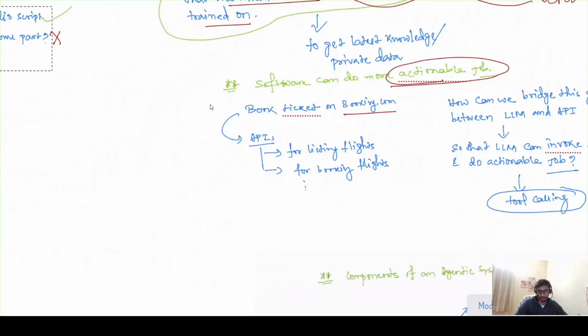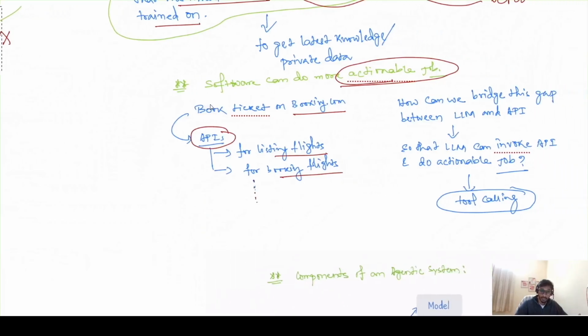How is it able to do it? Because in the backend it is calling APIs, or it has some functions that we call APIs to do actionable jobs. So for listing the flights, it has one API. For booking the flights, it has another API. For booking hotel rooms, it has other APIs, right? So they're using multiple APIs to do actionable jobs.